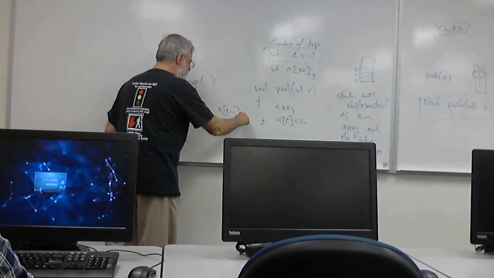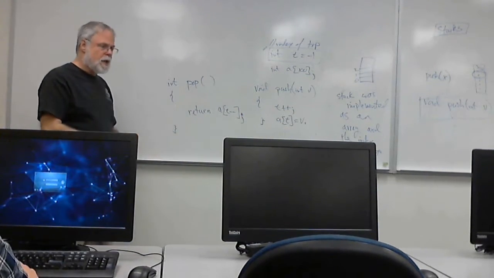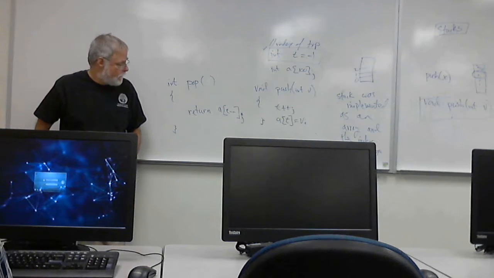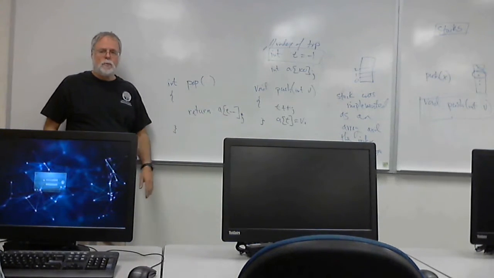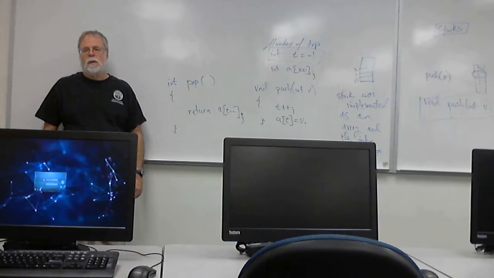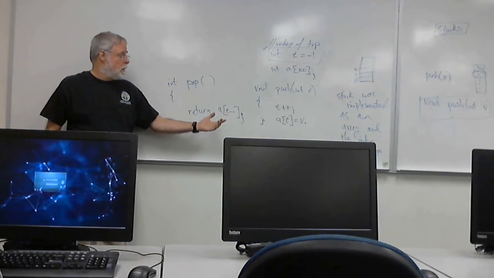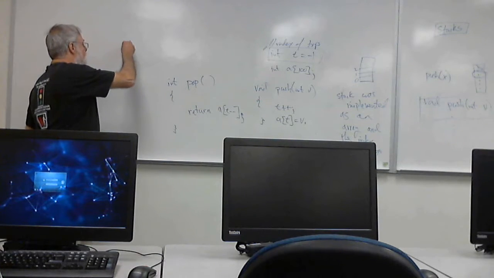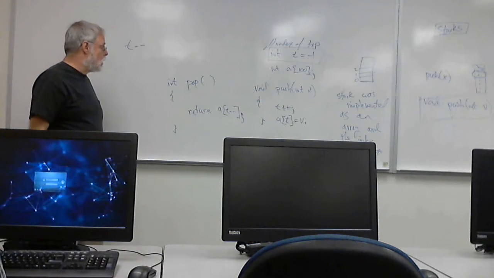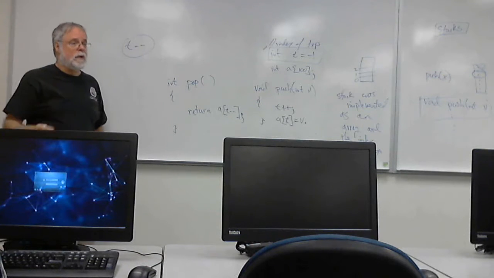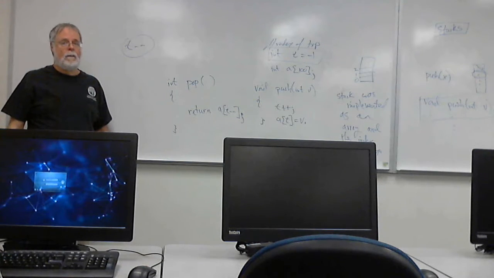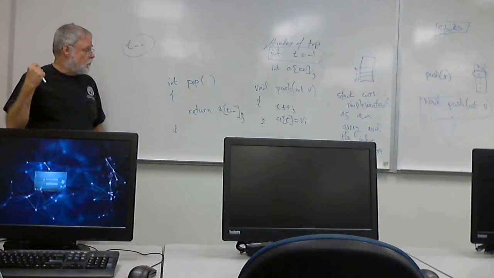Okay, here we go. How does that minus minus work? It makes t one smaller. But what is the value of this thing? It returns the value before the decrement.